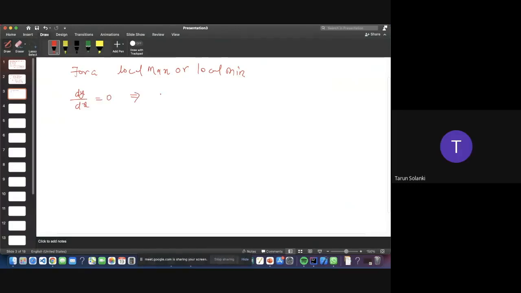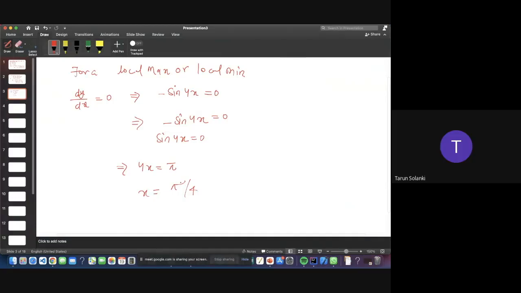It means minus sin 4x equals 0. So sin 4x equals 0. So we can say 4x equals pi, right? So x equals pi by 4.